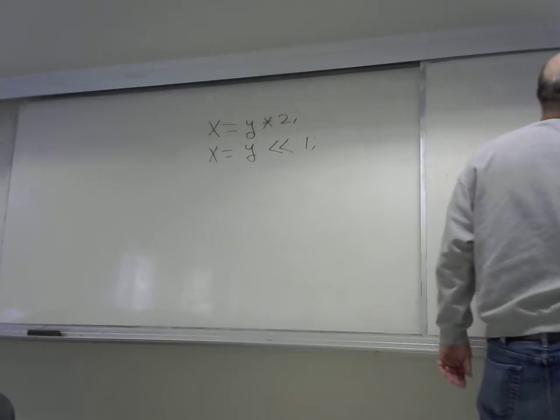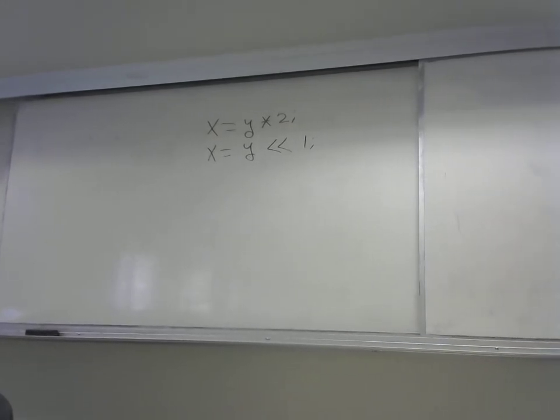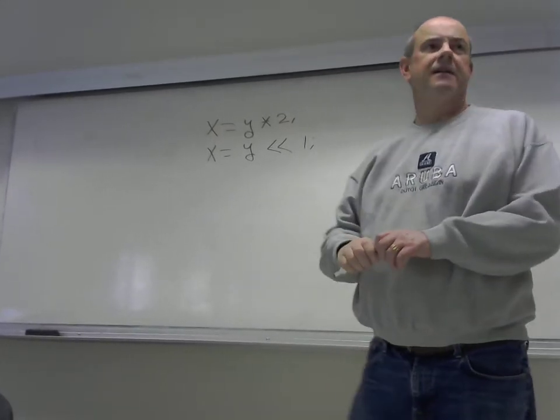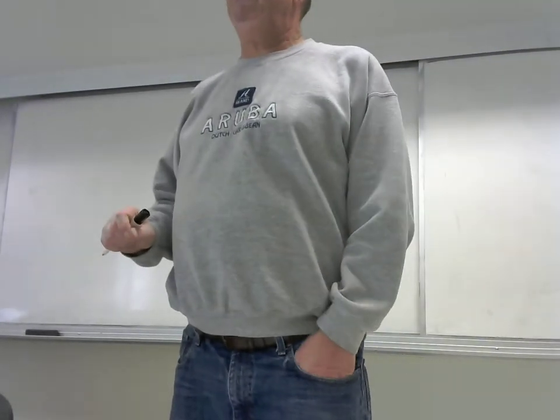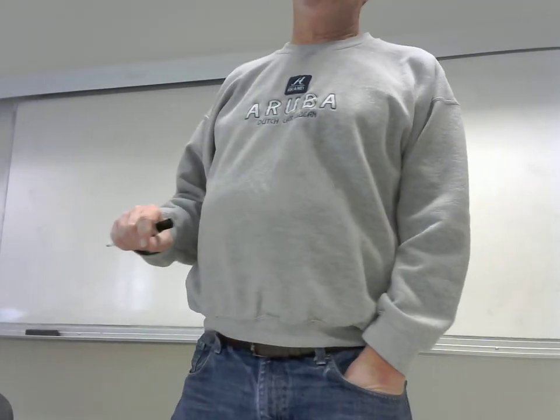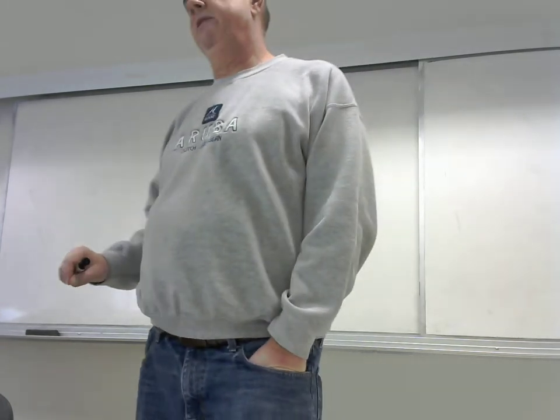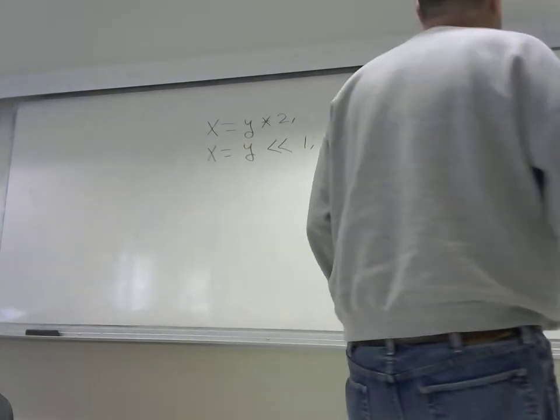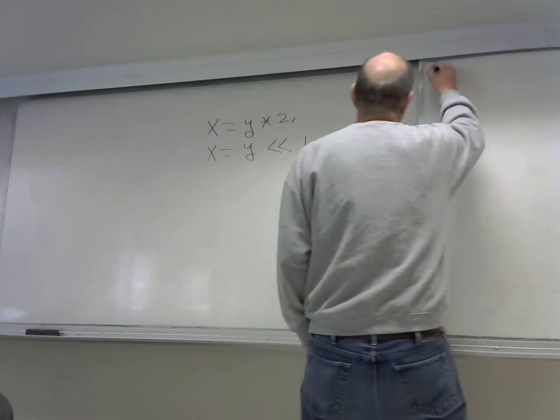Question on inlining. Yes. What is that specifically? Inlining is where you make a macro instead of a subroutine. The compiler would do this. So in C or C++, you can do this.